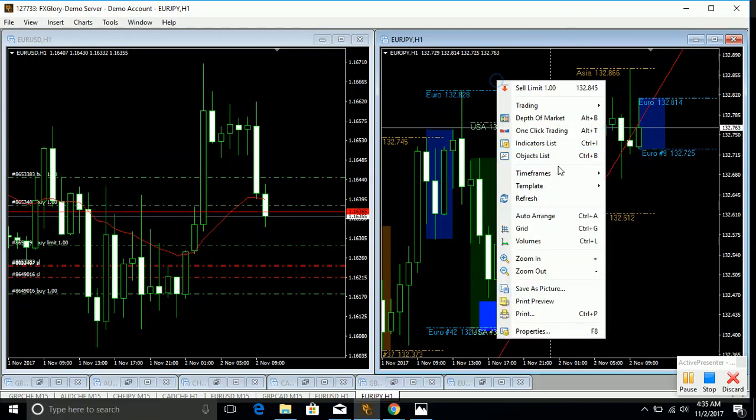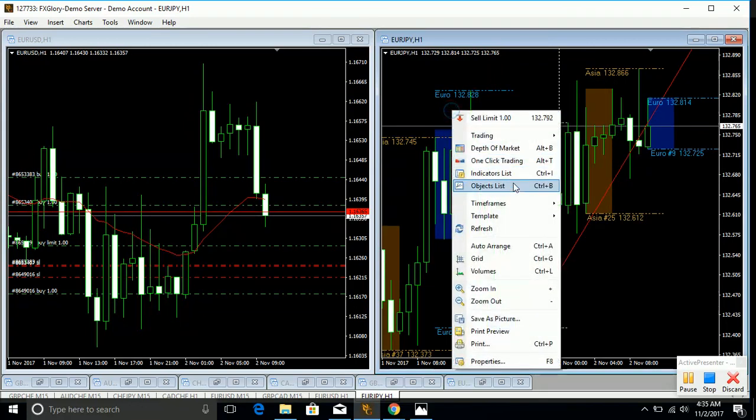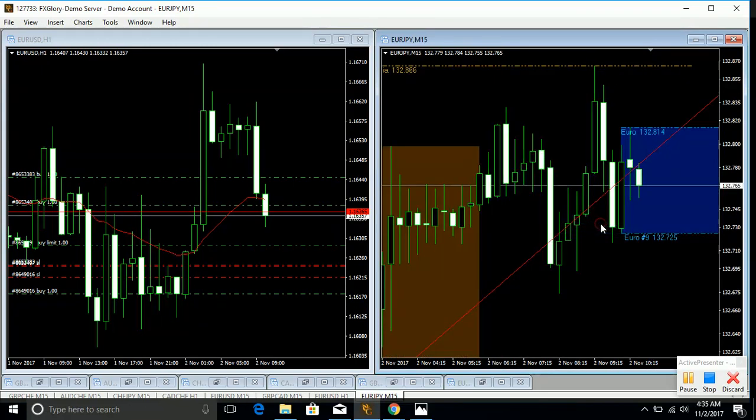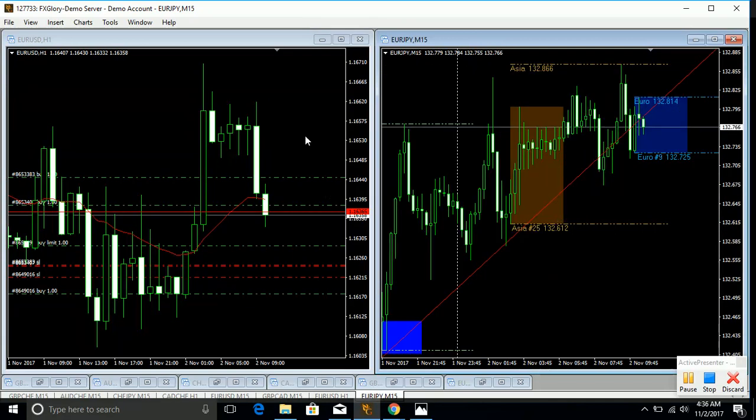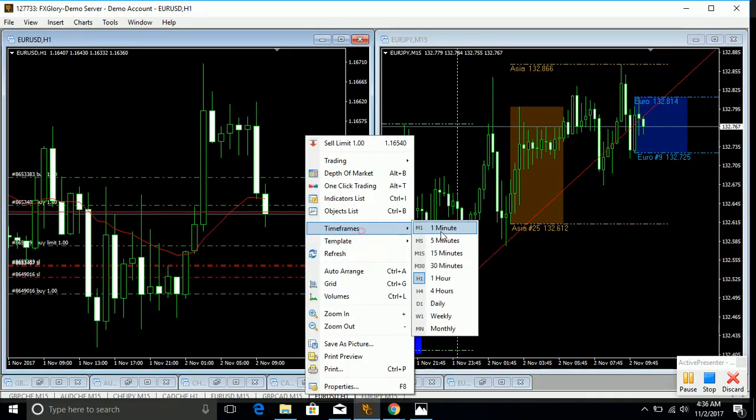On this Euro JPY, I do want to keep us on the 15-minute chart so you can see the entry play out. I stay on the 15-minute chart here as well.